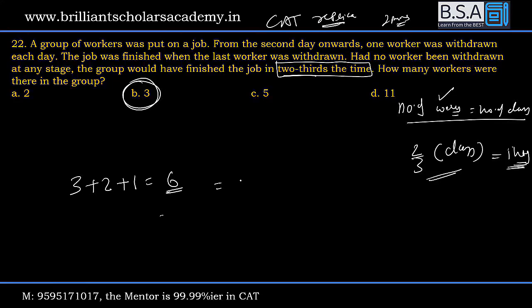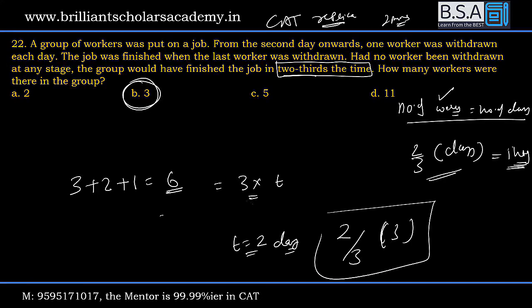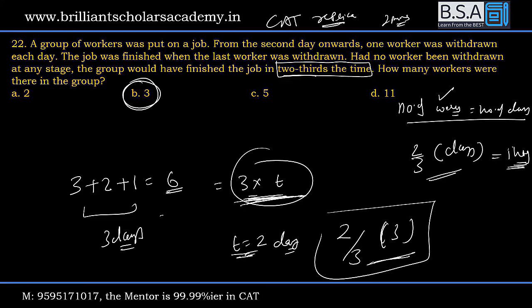If I ask 3 workers to work for some time t, it will take us 2 days. Is 2 days 2/3 of total 3 days? If all of them work together, the time will be 2/3 of total. Right now, time is 3 days. Is 2 days 2/3 of 3? Yes, that's your answer.